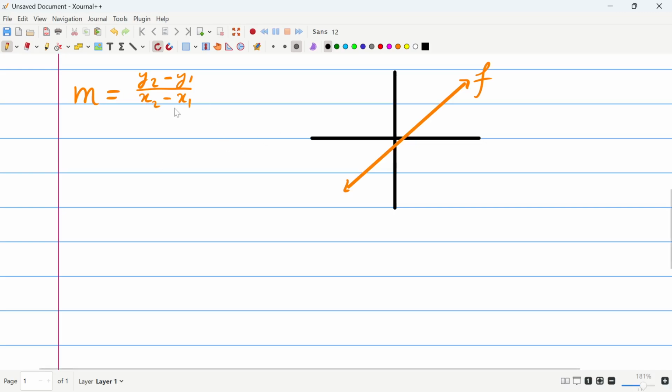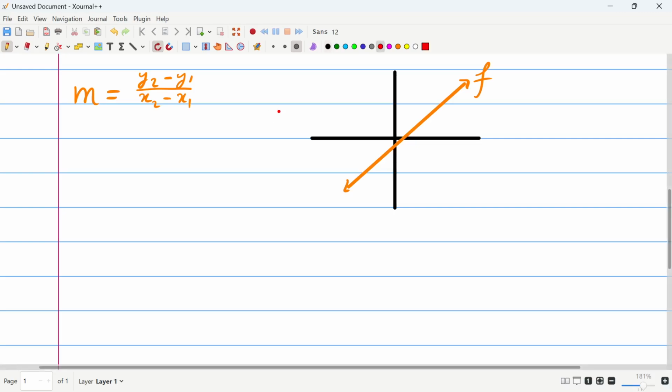Now, this formula actually comes from some idea where we have something such as a run and rise, right? So let's say, for example, we have a distance between maybe 2 points, okay? Let's say that this point here, we'll just set a point right here, and then we'll also set another point, let's say somewhere here. It really doesn't matter where the 2 points are.